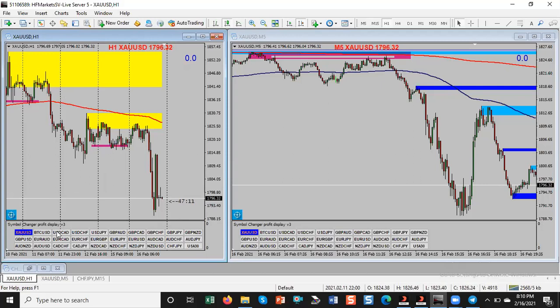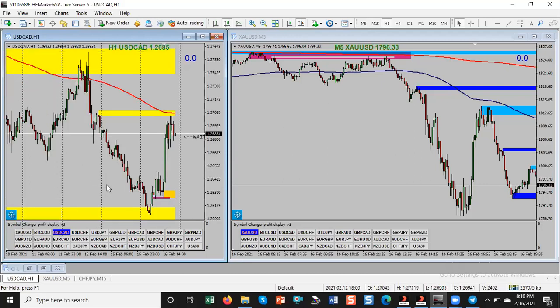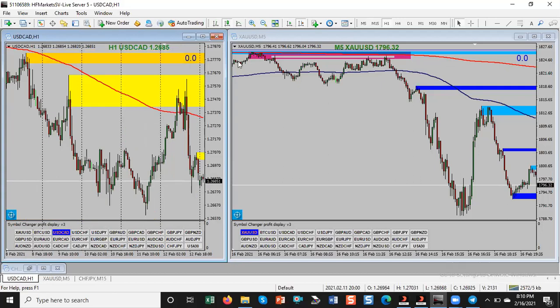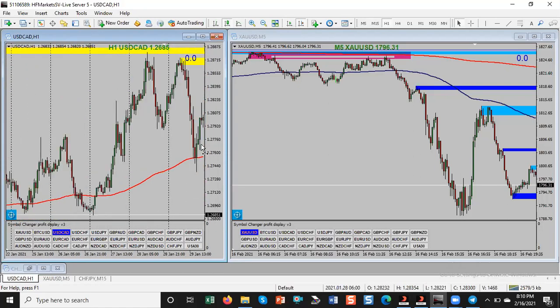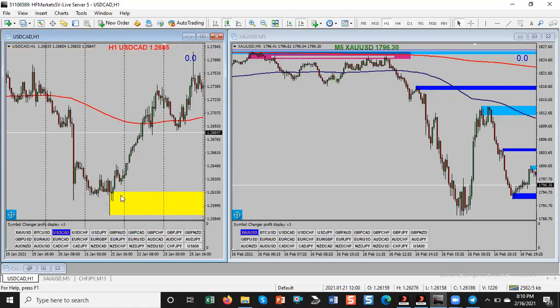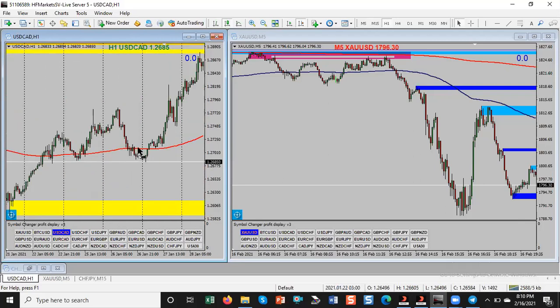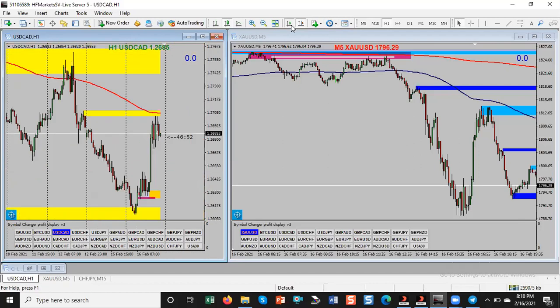Then there are other zones that may not be fresh, like this USD card zone. This is a zone that has been there for a very long time. This zone was created on the 21st of January this year, 2021, and it was today, being 16th of February, that it was retested.